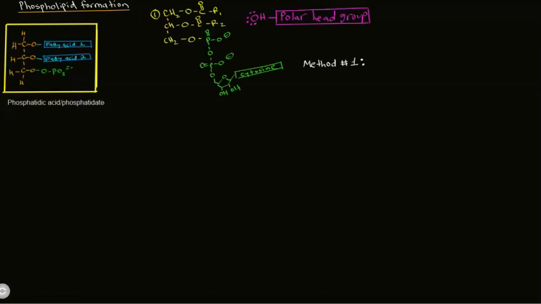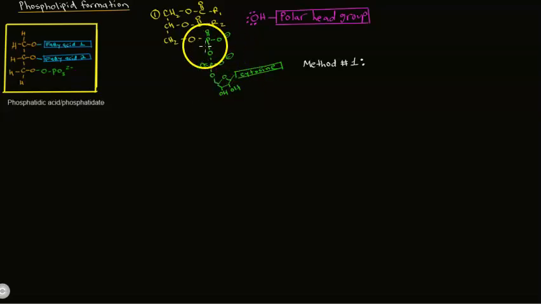In the first method, we begin with this molecule right here. This is known as DAG-CDP. If you recall, DAG is glycerol bound to 2 fatty acids. But now we have this extra group that's attached to it.